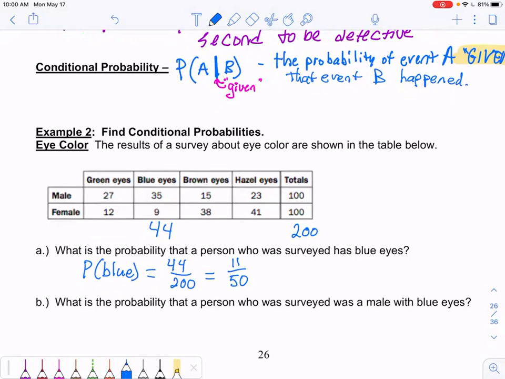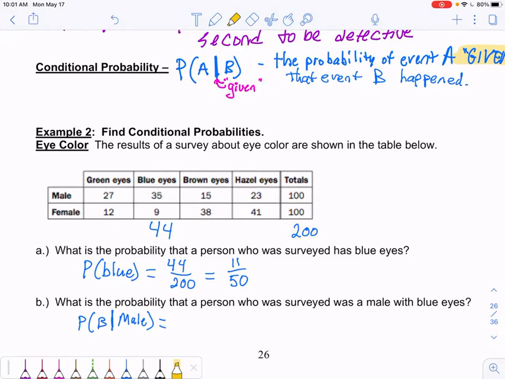So next it says, what is the probability that a person who was surveyed was a male with blue eyes? So we want to find the probability of blue eyes given that they're a male. So now this changes the number of total outcomes, where before we were looking at the whole thing, 200.